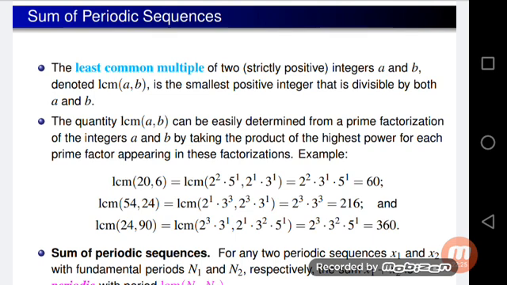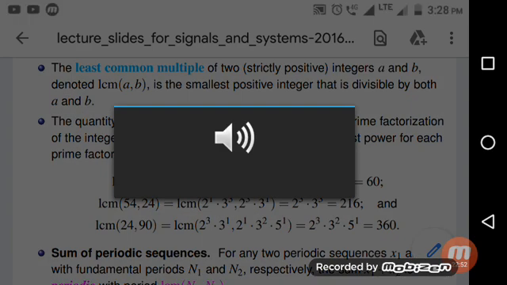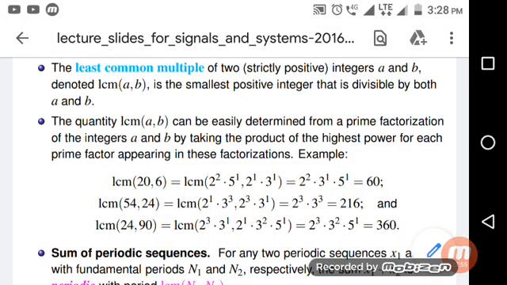So like this we are assigning. Next one is LCM of 54 and 24, that is 2 power 1, 3 power 3, 2 power 3, so we take 2 power 3 times 3 power 3, which is 216. LCM of 24 and 90 equals 360.